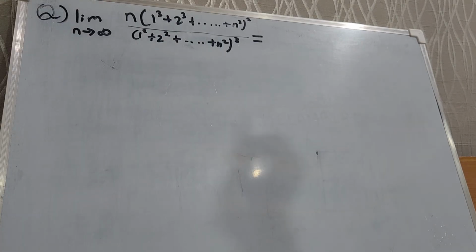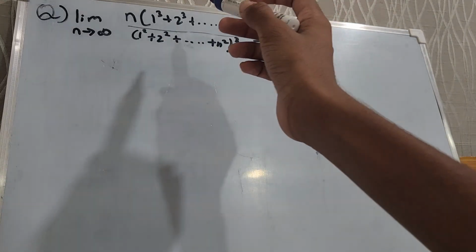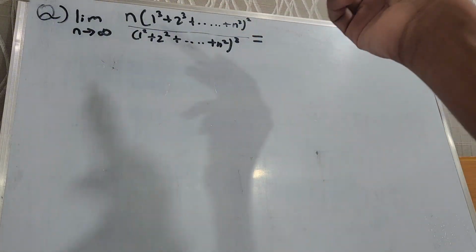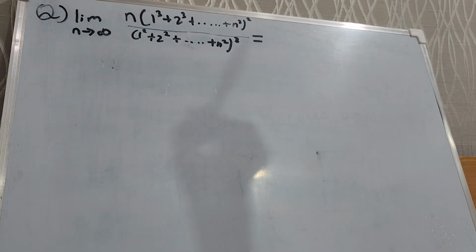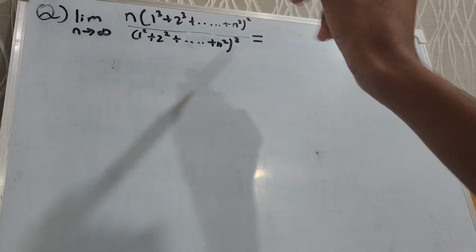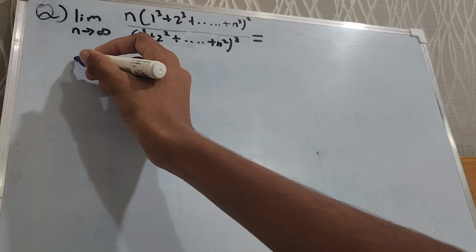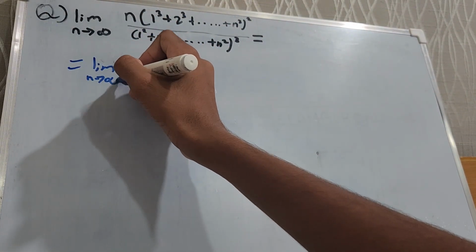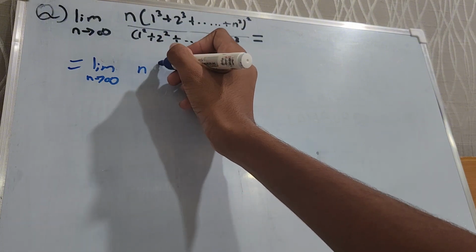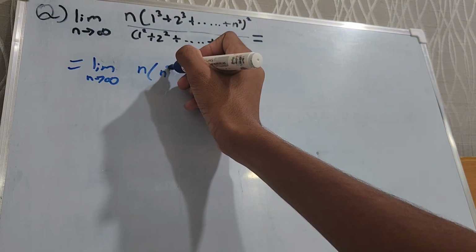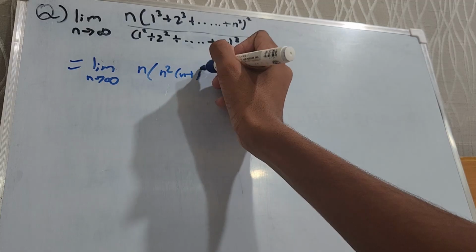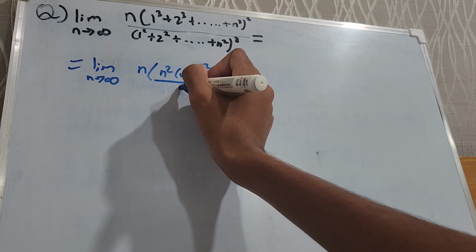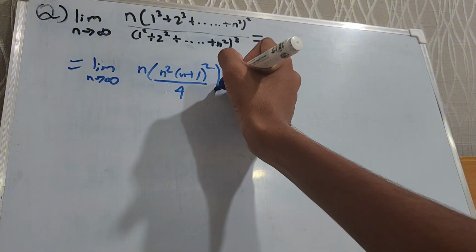So limit n tends to infinity of the sum of 1 cube plus 2 cube and so on, we just use a formula. Down also we used a formula. So just take limit n tends to infinity n into n square into n plus 1 whole square by 4, right? 2 square is 4.